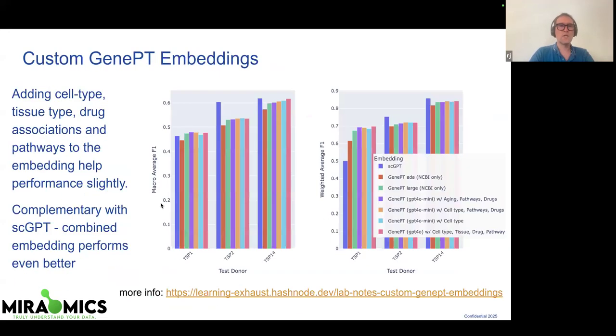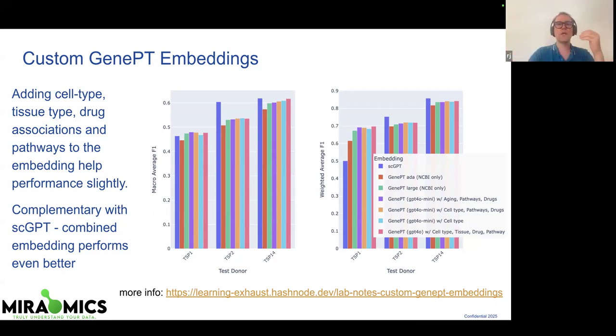What we did was we got GPT-4 to give more information about tissue type, drug associations, and pathways to improve the embedding, right? So we generated text on each gene using a prompt. We did that over all 50,000 or so genes. And then we took those and we embedded the full description.